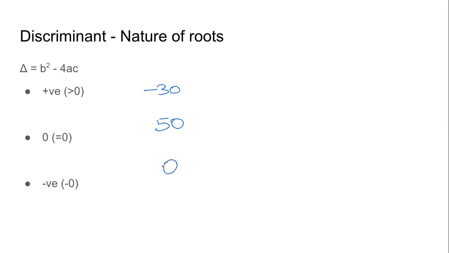What will happen now if the discriminant is 0? Very good. Real and equal. Now let us see if you know your decimal numbers and fractions. What will happen if the discriminant is 3/2? What will happen? Three by 2.